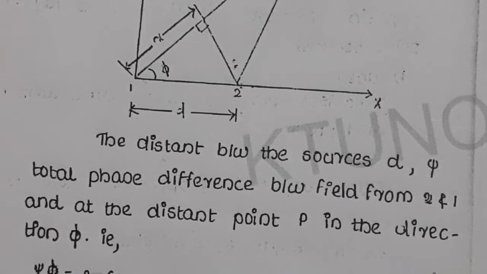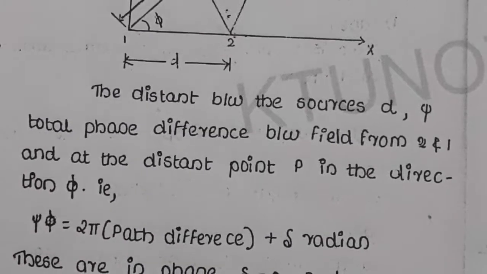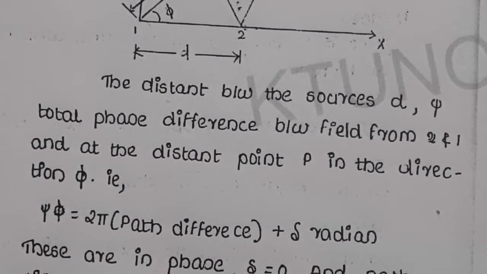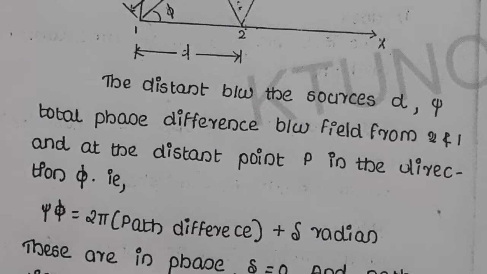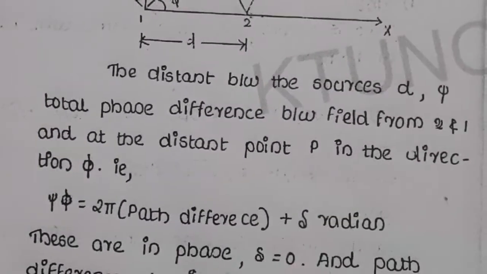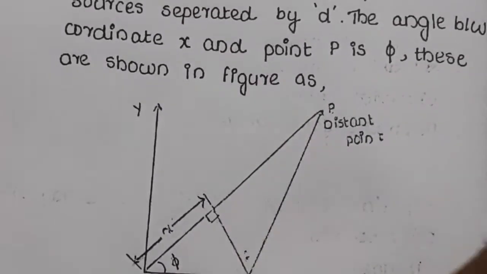So from this relation, psi is equal to 2 pi times the path difference, plus delta, in radians. If these are in phase and delta is equal to 0, then the path difference obtained from the above figure: you see that cos phi is equal to x by d, where this is x and this is d.